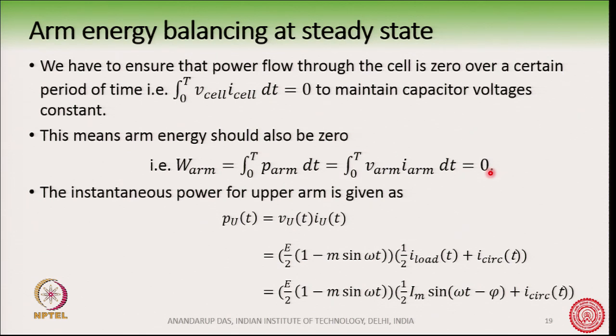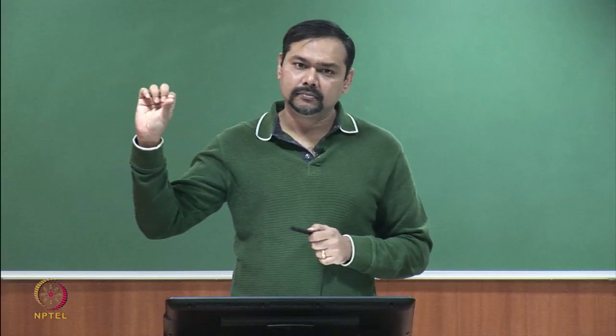individual cells, whether they are at E by N, that is not ensured. We cannot say that individual cells inside the arm are exactly keeping the rated voltage, that is equal to E by N, because the voltage on the capacitor in one cell can go up and the voltage on another capacitor can go down, but their sum can be made the same.